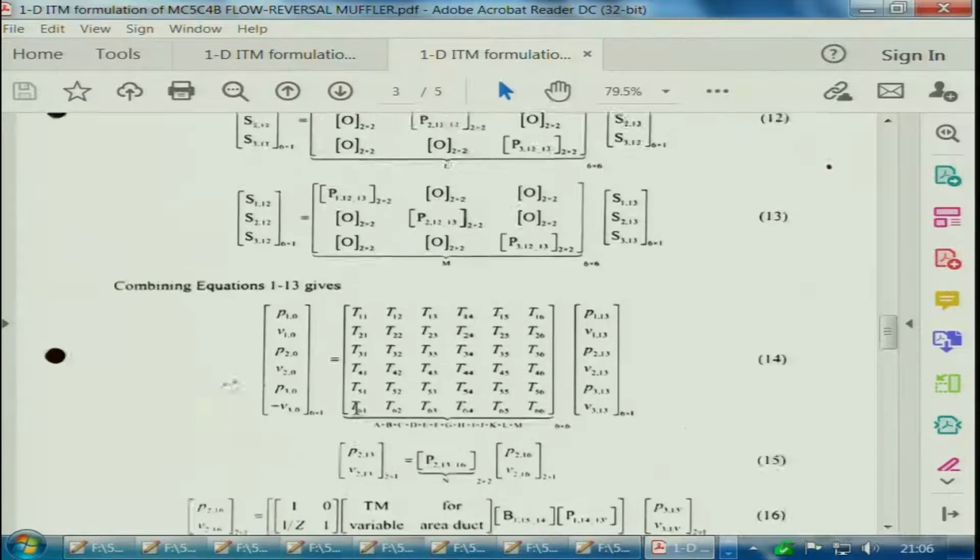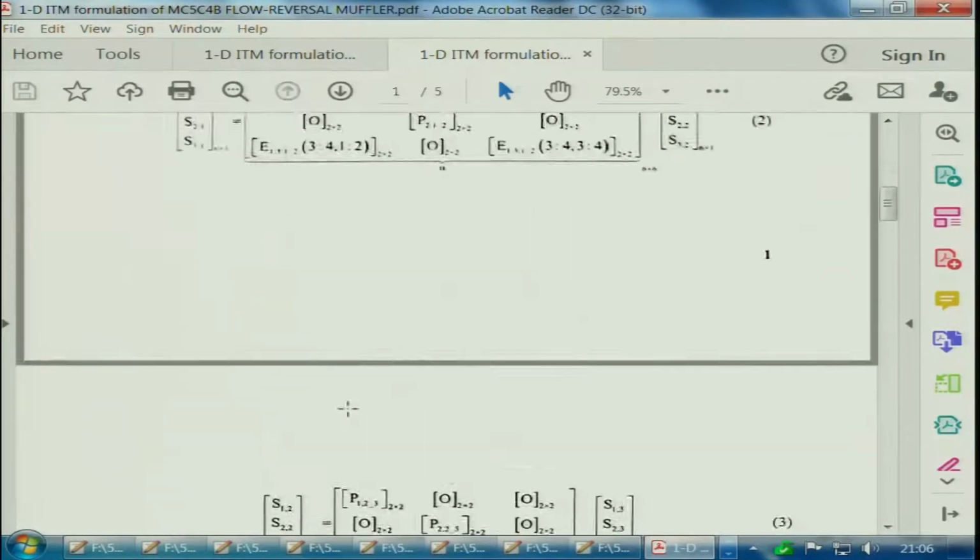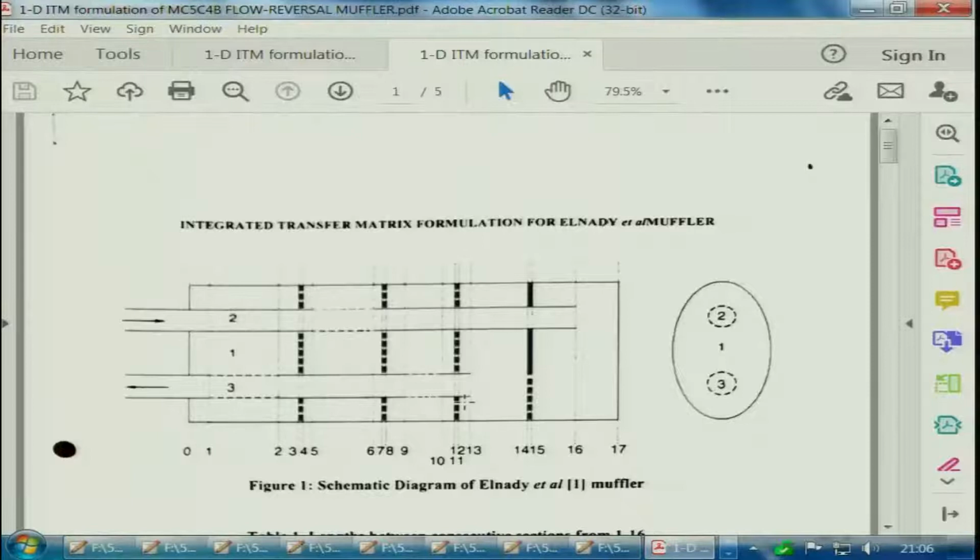Another thing I want to quickly mention, without going into too much detail, is that such elements are often seen in commercial mufflers with the end chamber and with the extended inlet. Here it is much more complicated, because what Elnady and others have done is consider transverse plane wave propagation, which I have also used in some of my earlier papers, and here there is a baffle.